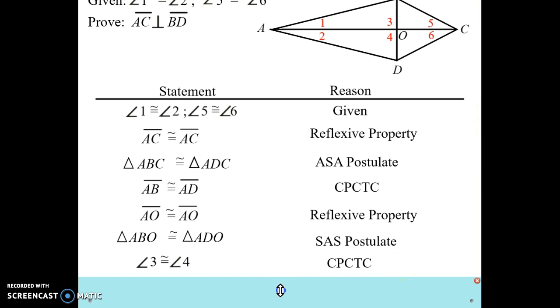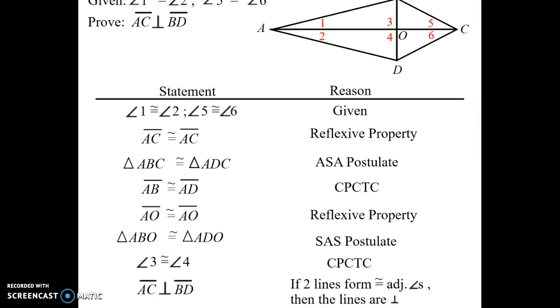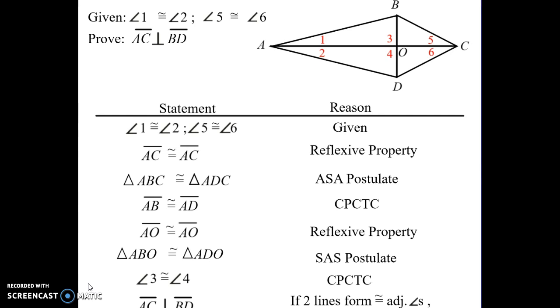And lastly, if two lines form congruent adjacent angles, then the lines are perpendicular, and AC is perpendicular to BD. As you can see, we proved two triangles congruent in order to be able to prove two different triangles congruent by using corresponding sides.